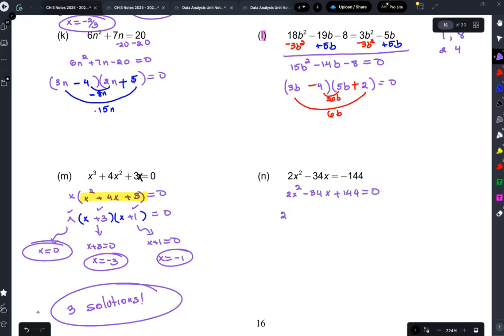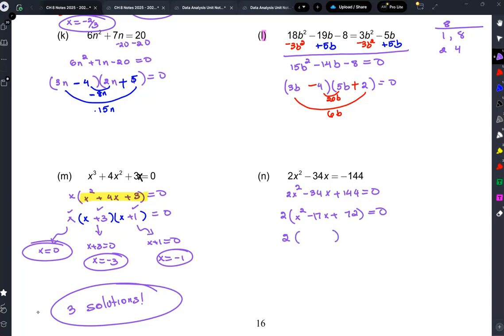first we have to factor out a 2. And then we have to factor. Okay? So that you can factor. It'll be x minus 9, x minus 8. Okay?